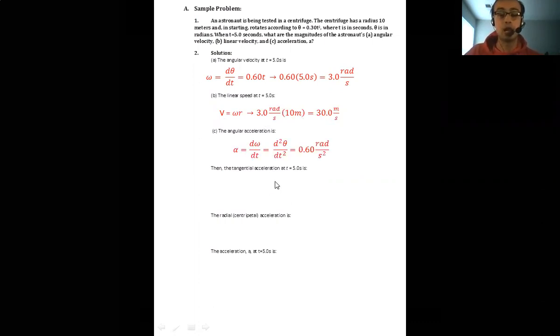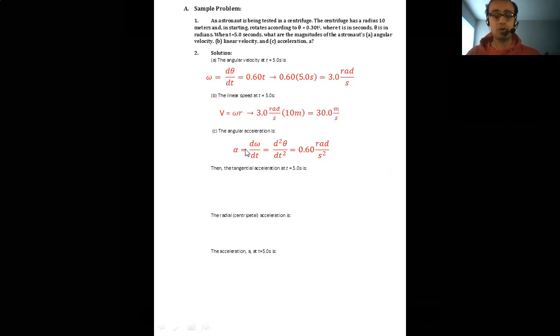The angular acceleration is going to be the second derivative of the position function, or the first derivative of the angular velocity function. So 0.60 t, and we find that it's 0.60 radians per second squared. Incidentally, because the angular acceleration is constant, we can use the big 5 equations if we wanted to.